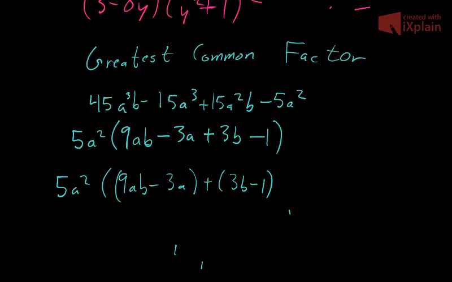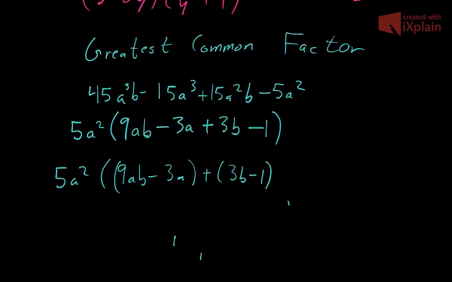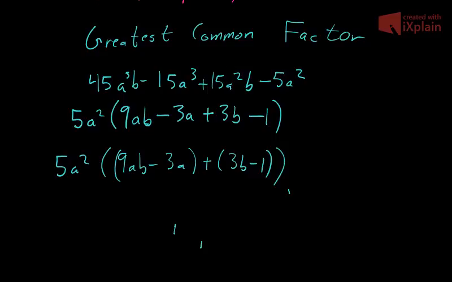So in this first group, I can take out a 3a. Make sure I have the right number of parentheses there, awesome. I'm going to take my 3a out, and 3a to get to 9ab, 3 times 3 is 9, I already have my a taken care of, I need my b, then minus 1. I'm going to add 3b minus 1, but I've got a problem because there's nothing right here.